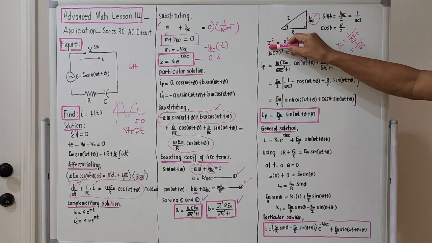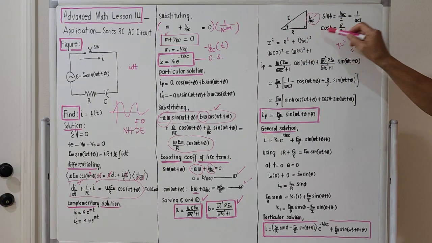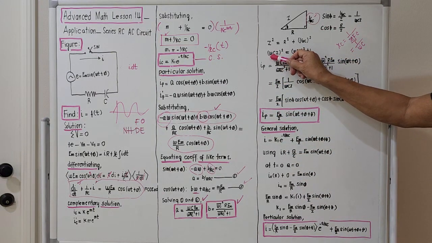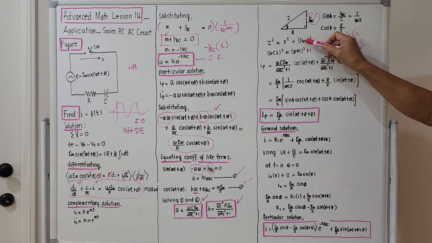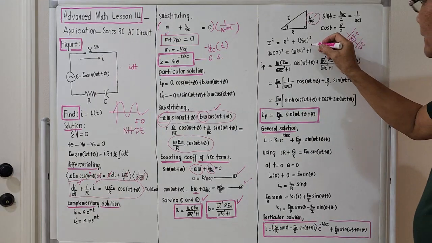I place it here, Z square equal to R square plus 1 over omega C quantity square. And if we try to simplify this one, omega CZ quantity square is actually omega RC quantity square plus 1. We needed this relation in the simplification.